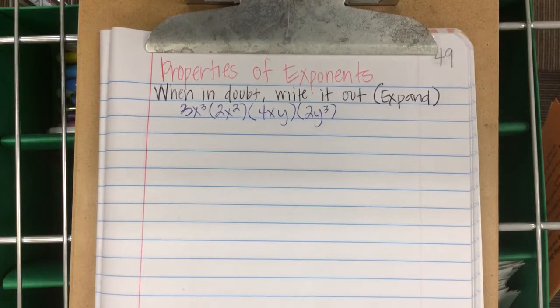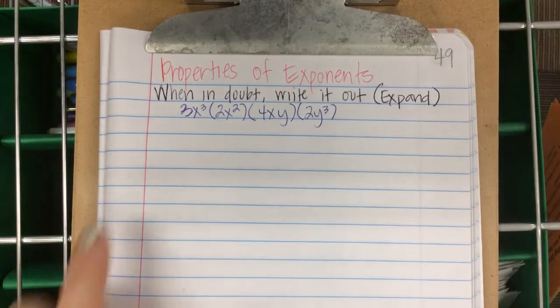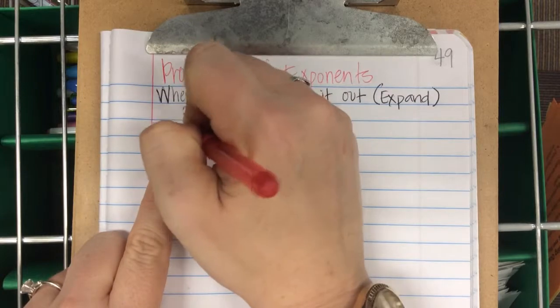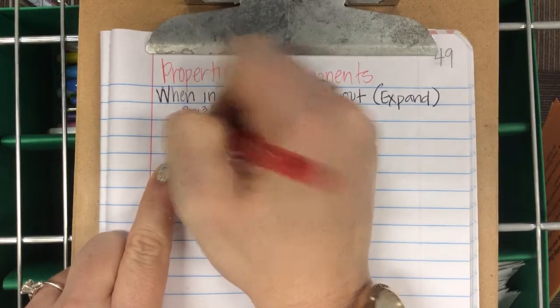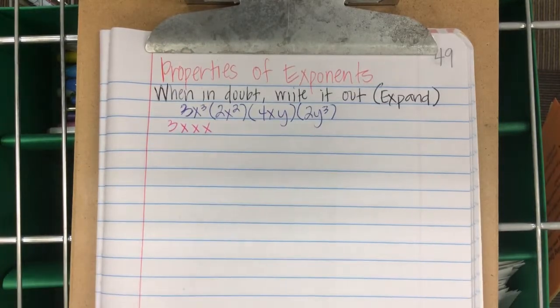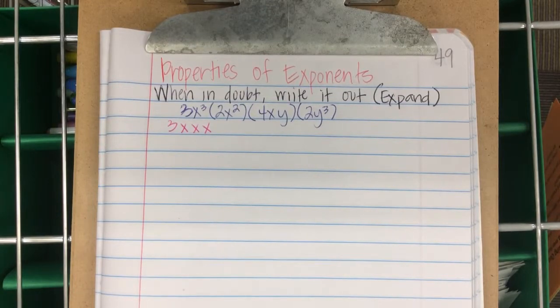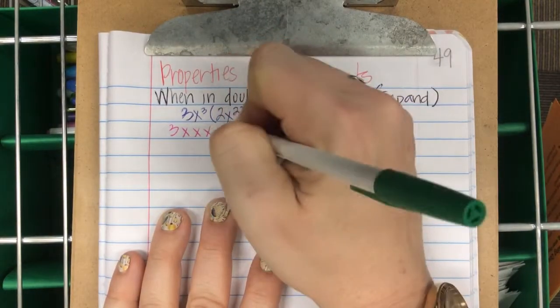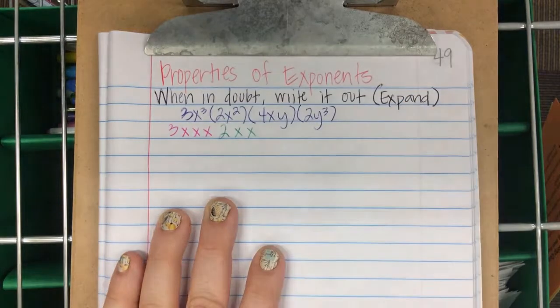So instead of 3x to the third, that's really 3x, x, x. I expanded it. And instead of 2x squared, it's really 2x, x.